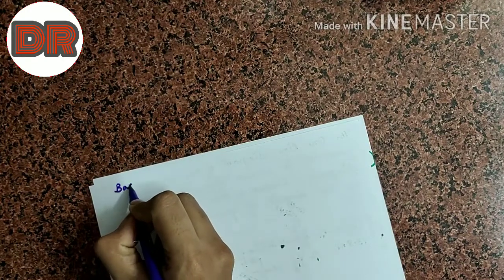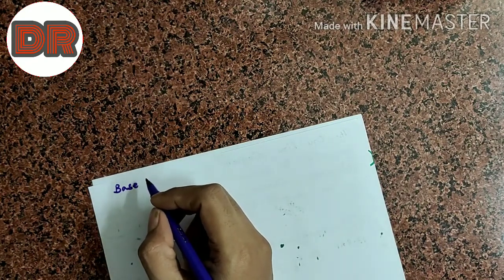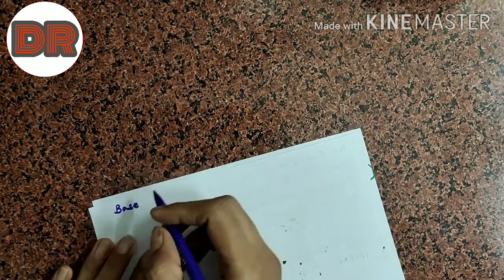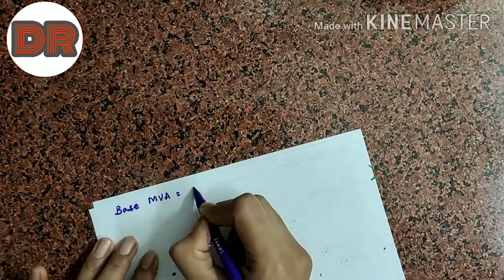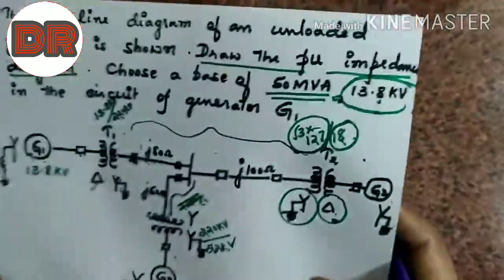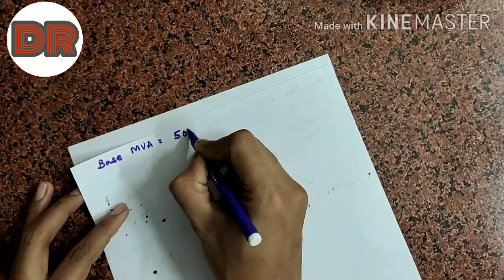If it is not given in the question, what you have to do? You take the MVA value of one of the generators as the base MVA, and the kV value you can proceed from one side or one end. So base MVA, here it is 50 MVA given in the question.